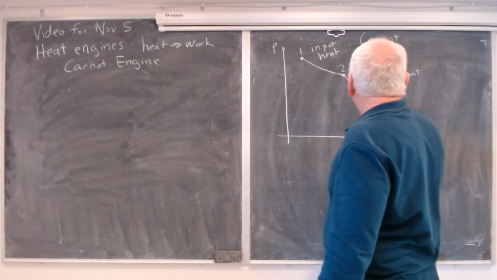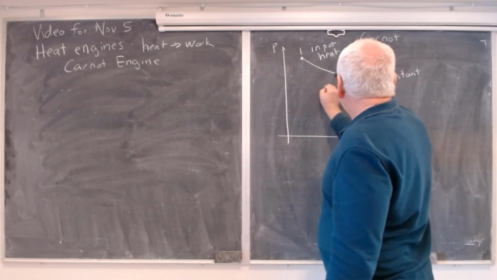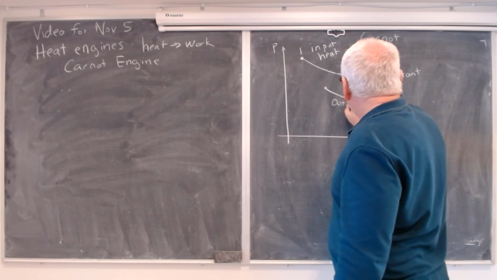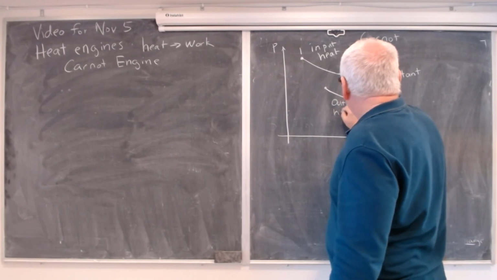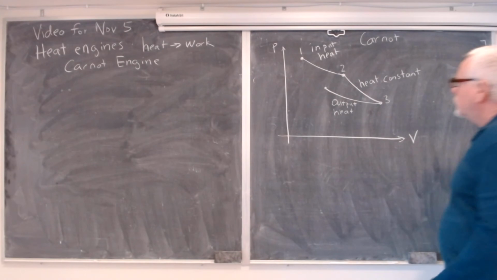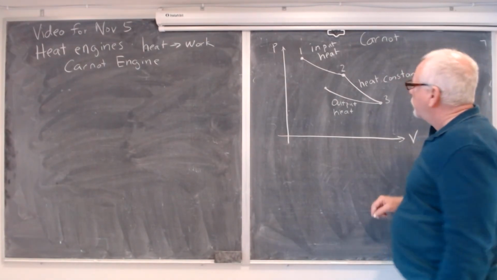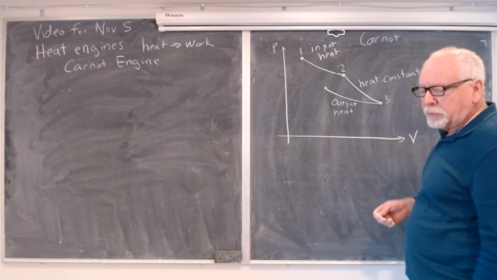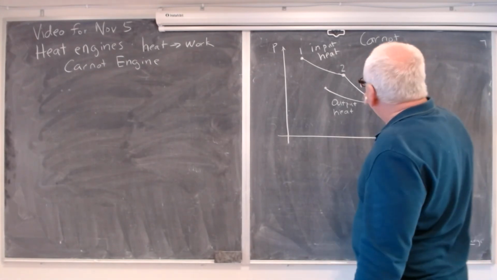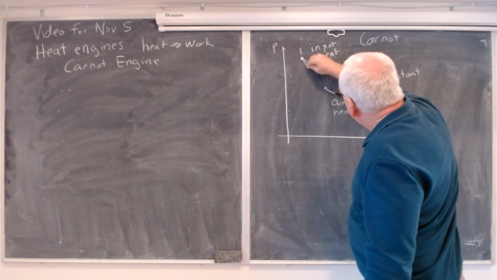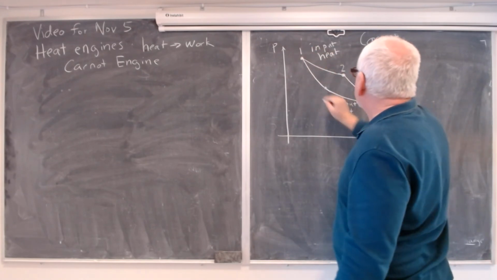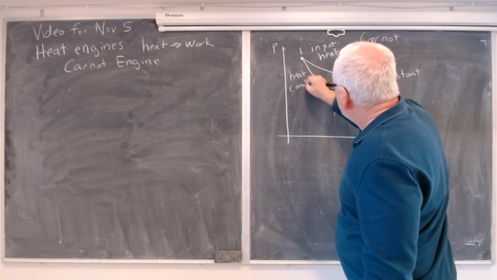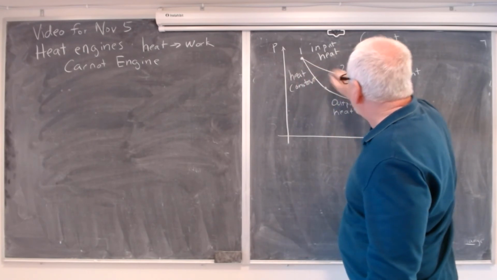And then in the next part of the cycle, you extract heat. All right, and we'll explain how and why you do that. And then in the final part of the cycle, the heat is constant again.